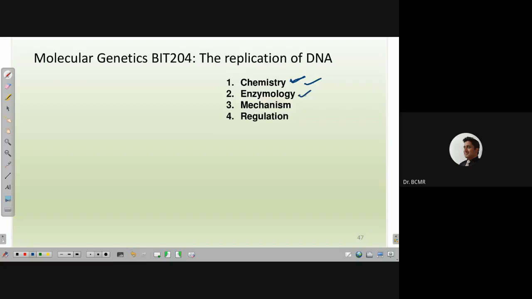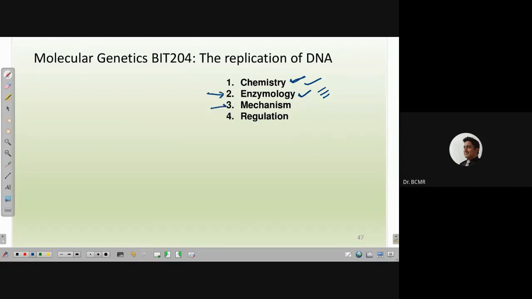In enzymology, you should be able to talk about all the protein components, including the RNA primer, that are involved in the process of polymerization or replication. So something like single strand binding proteins, helicase, you can talk about topoisomerases. All those things will come in the enzymology part.